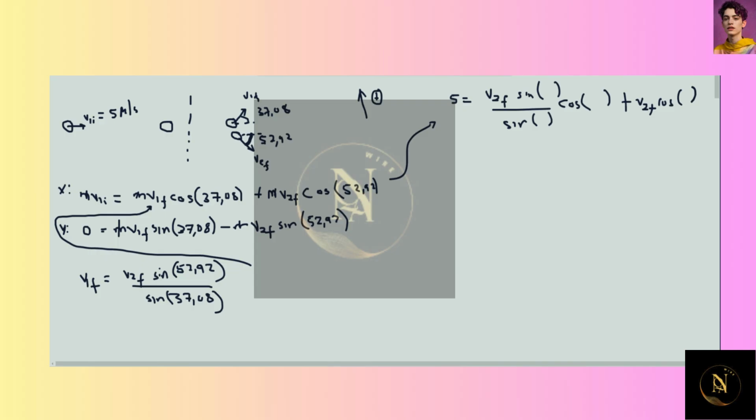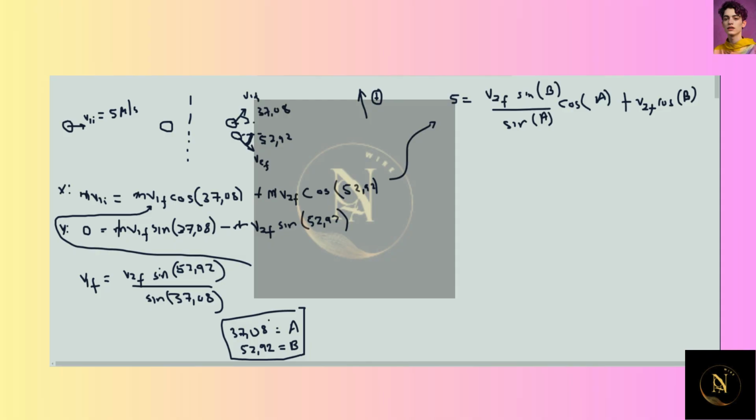To simplify this, I'm going to say 37.08 degrees is angle A, and 52.92 is angle B. So this was 52, that's B, and this was 37, that's A.